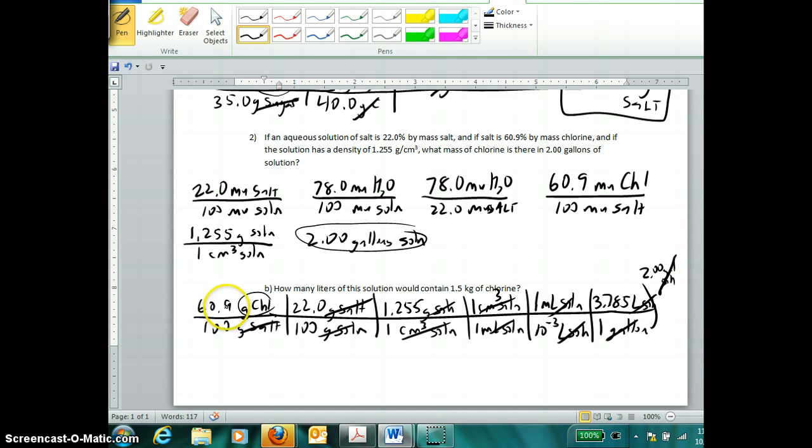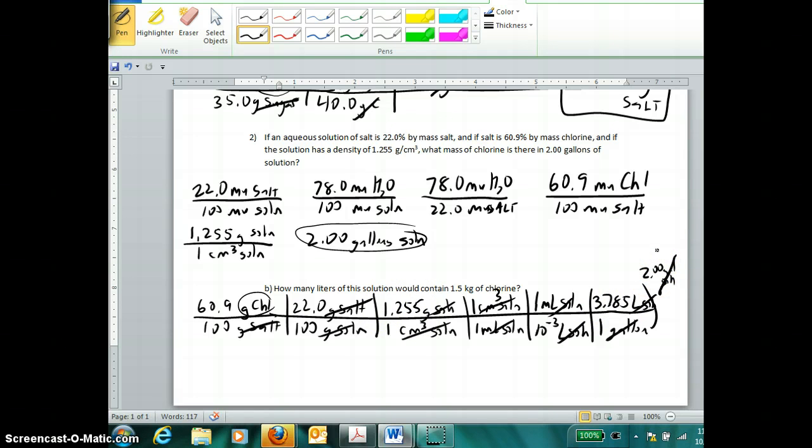I grab my calculator and divide 60.9 by 100, multiply by 22, divide by 100, multiply by 1.255, divide by 10 to the negative 3, multiply by 3.785, and multiply by 2.00. This is a 3-digit measured number, 3-digit measured number, 4-digit measured number, 4-digit measured number, and a 3-digit.